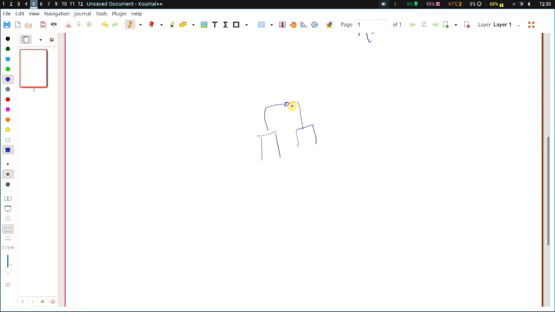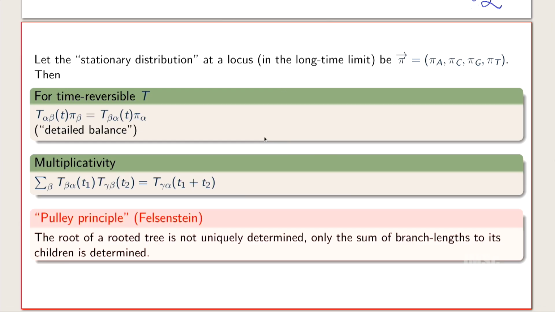But if you talk about the transition probabilities, you have a transition matrix from this point to this point, and also from this point to this point. So let's say this was alpha, this was beta, this was gamma. You could equally think of beta mutating in this direction to alpha to gamma. You don't know which way it went from the math alone. So essentially you can reroute the tree so that this is the root, or the root is somewhere here, and so on. It's like a pulley. You can rebalance the tree. So that's kind of important.